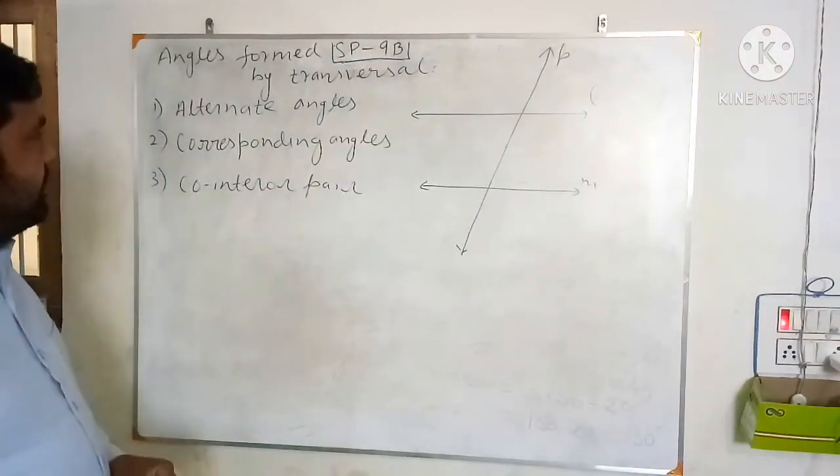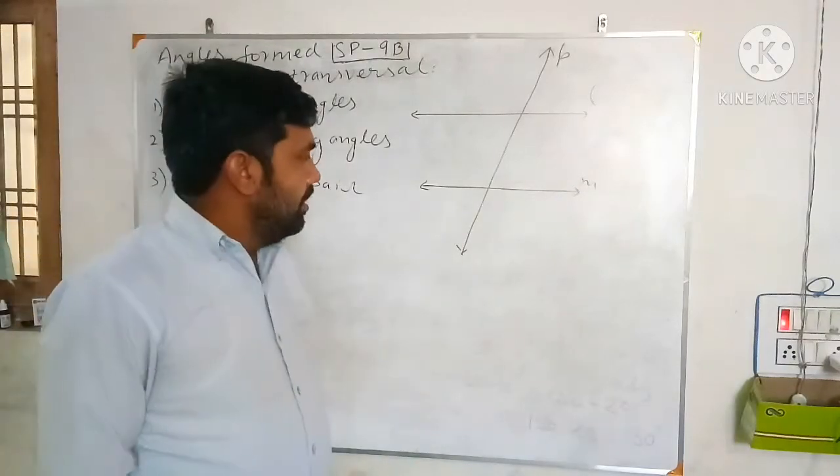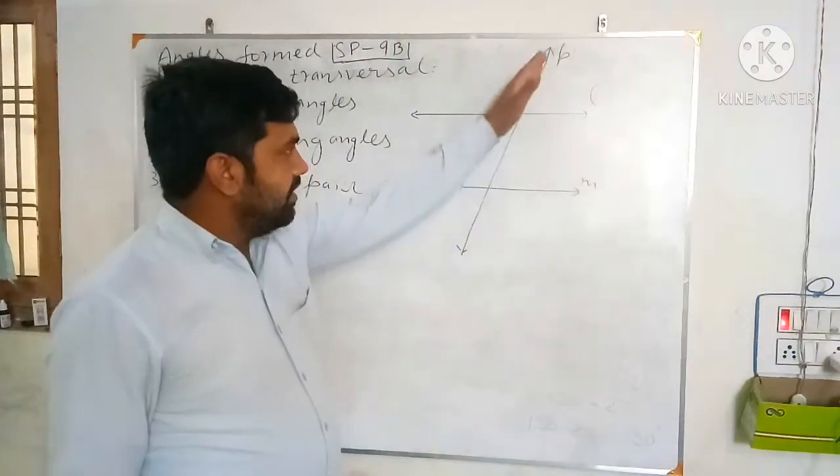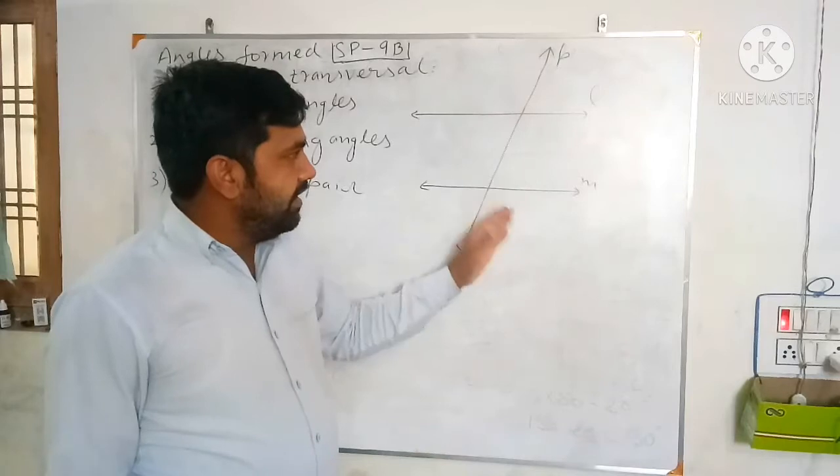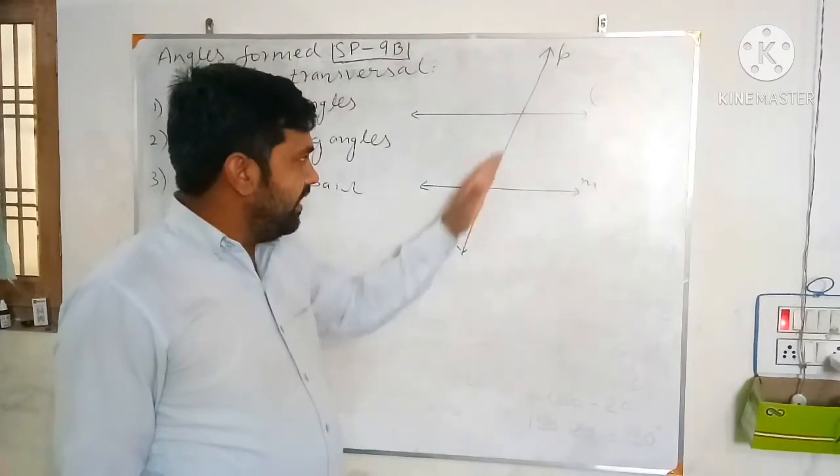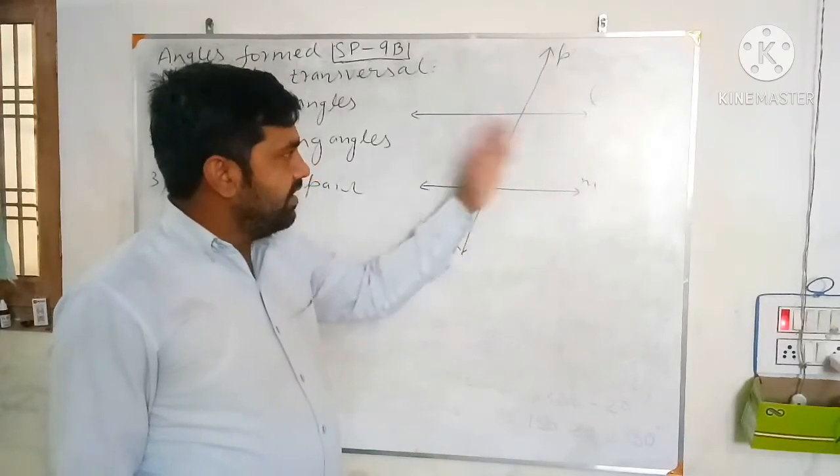Now see what the alternate angles are. A transversal intersects the lines L and M. The transversal divides the plane into two parts, left and right.